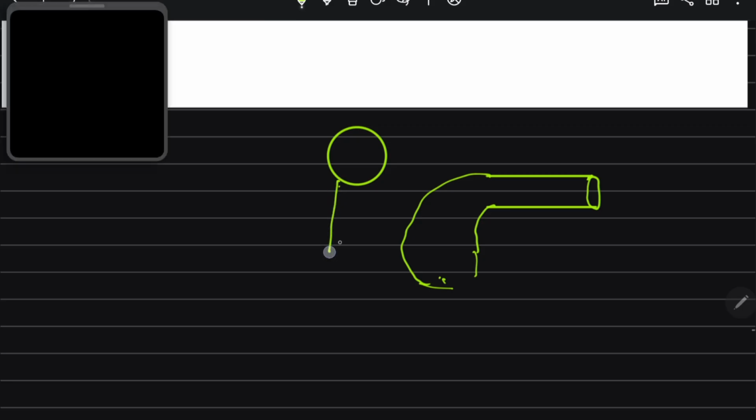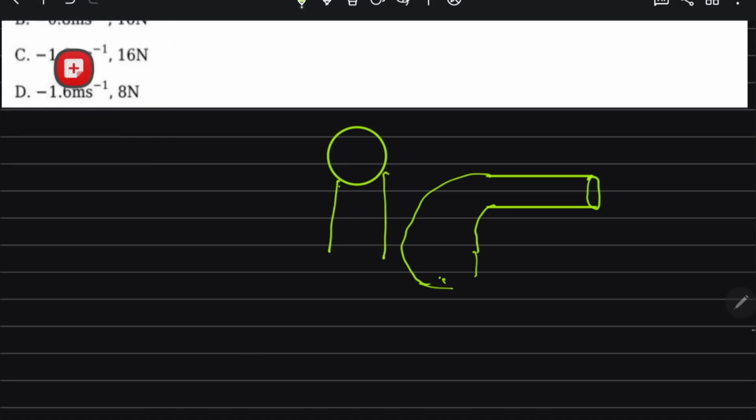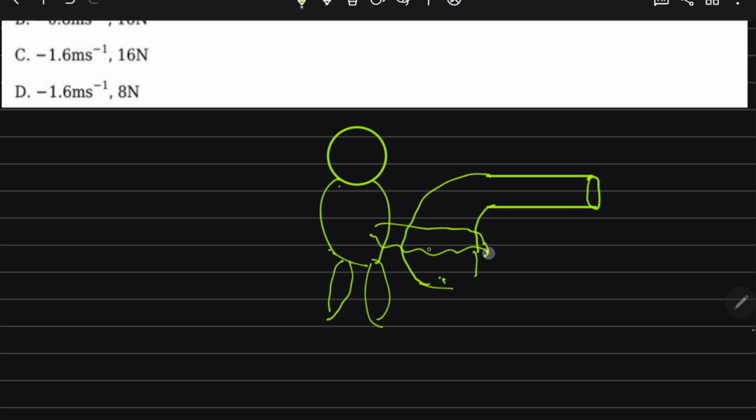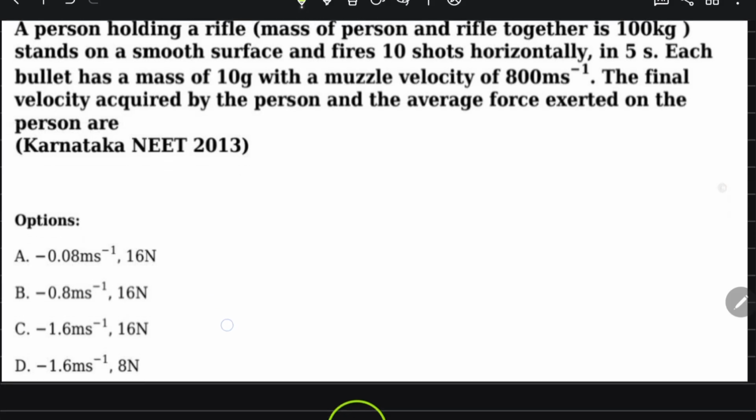Here the person is holding this gun. A person holding a rifle.